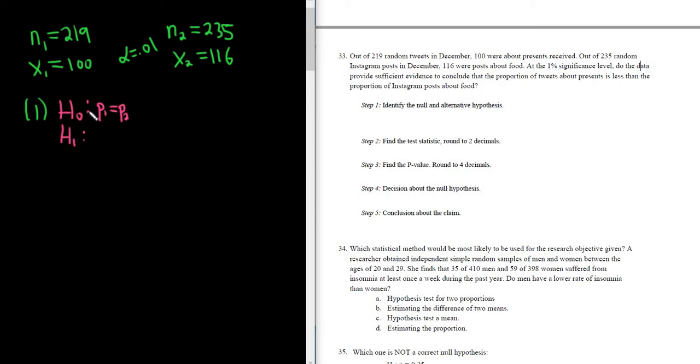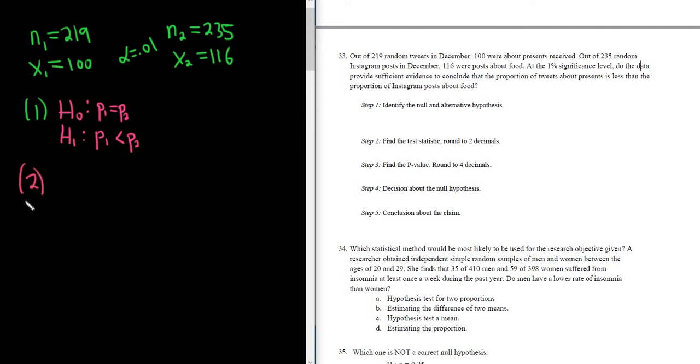It's totally worth memorizing. Now we can read the last sentence to get H1. It says the proportion of tweets about presents, that's P1, is less than the proportion of Instagram posts about food. So less than P2. The last sentence will almost always give you H1.